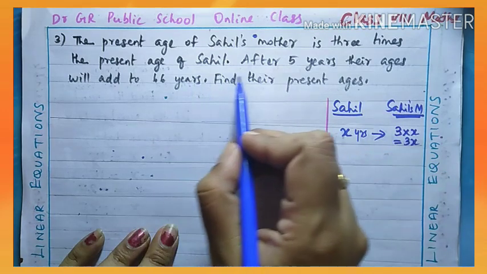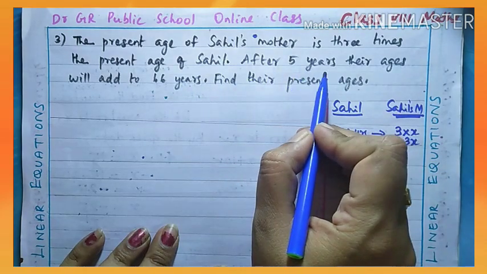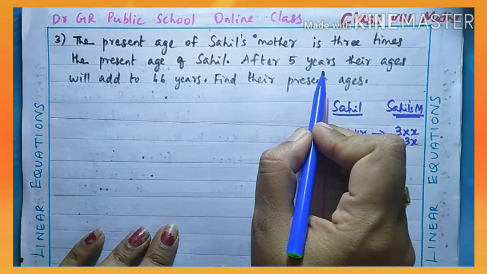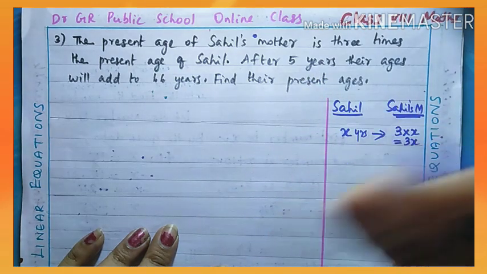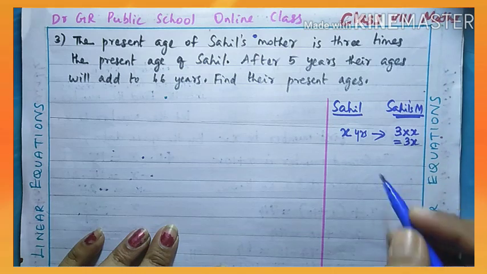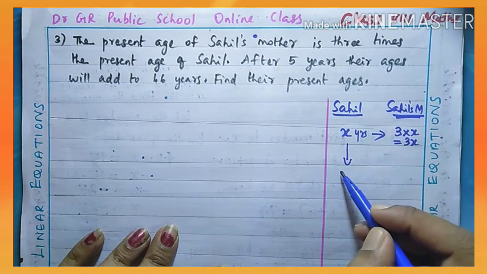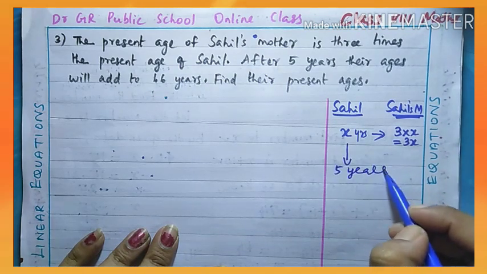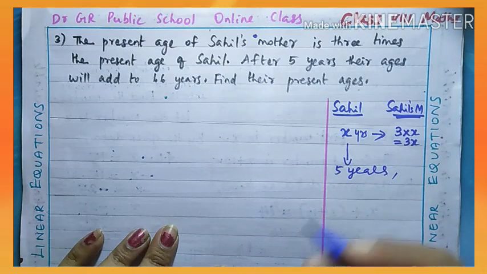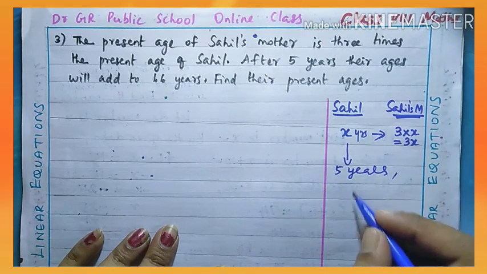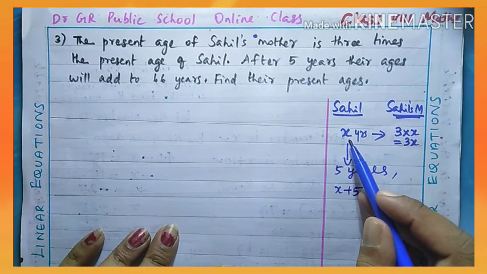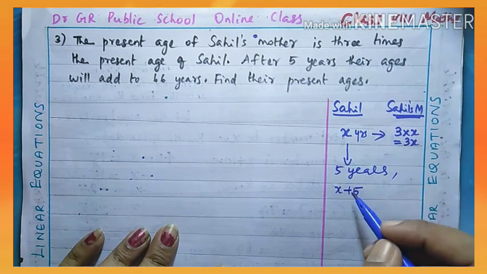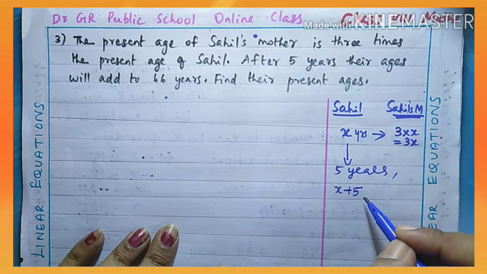Now what is given next? After 5 years. After 5 years, the age also becomes more. Correct? So Sahil's age after 5 years, what happens? 5 will be added. So x becomes x plus 5. Sahil's age we took x, so 5 years after, his age will become x plus 5.